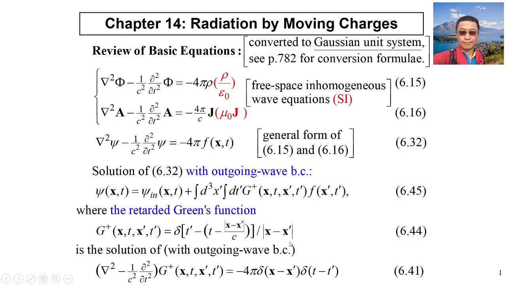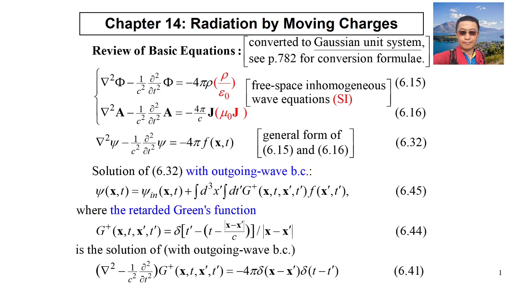Let me see, chapter 8. Just a moment. Sorry, not chapter 8, but chapter 6. In chapter 6, we talked about the retarded Green's functions with outgoing wave boundary conditions.